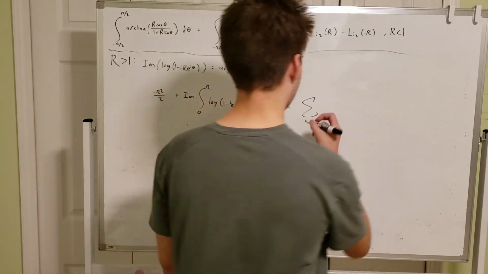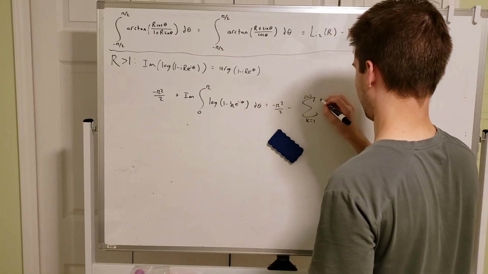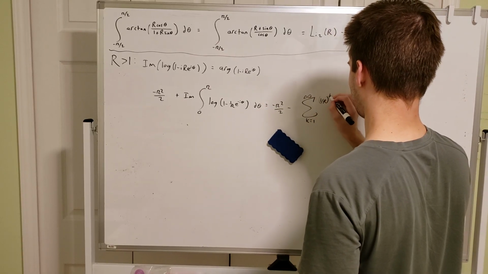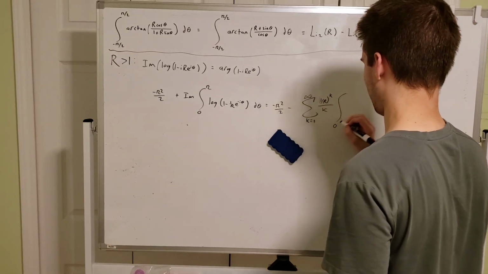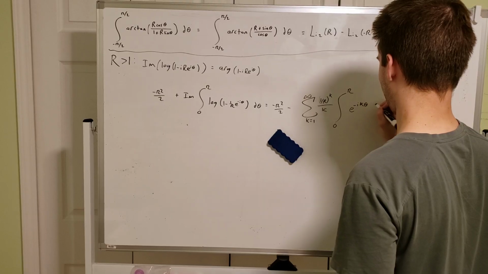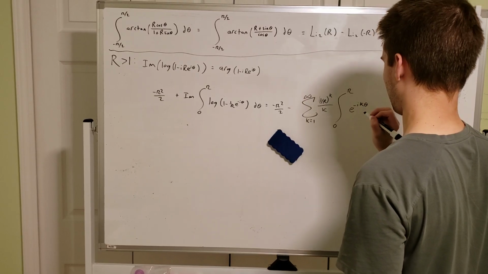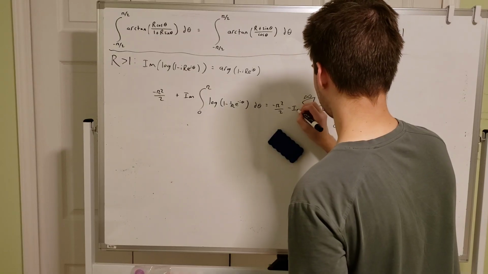That was a bar, by the way. So everything only dependent on k can come out. And then we have the integral of e to the minus ik theta. Yes. And then, oh, imaginary part.